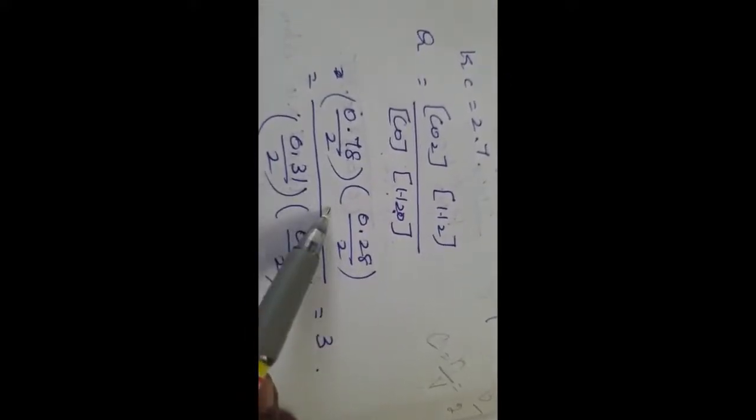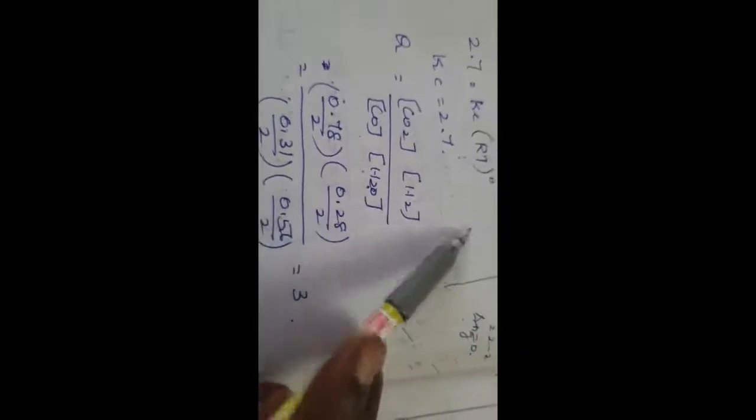So all the concentration terms are calculated by dividing the given amounts by 2. If you substitute and simplify this value, you can get 3.